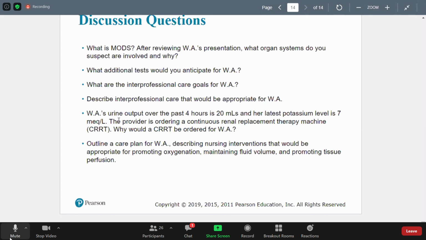Okay. Coming down to this, why would CRRT be ordered for WA? CRRT is kind of like an emergent renal replacement.